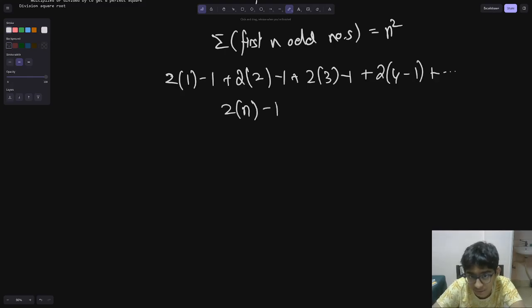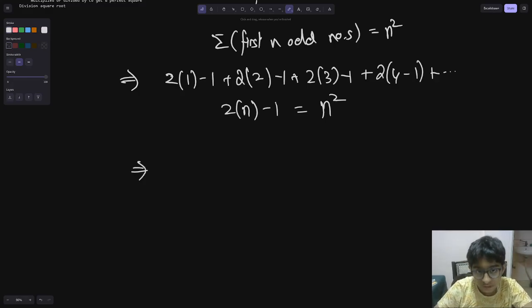First n odd numbers is equal to n square. We need to prove this, right? Then you have how many minus 1s here? You have n minus 1s, right? So let's just write down a minus n at the end.